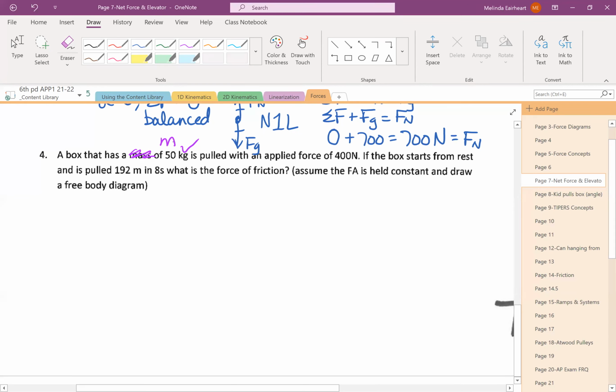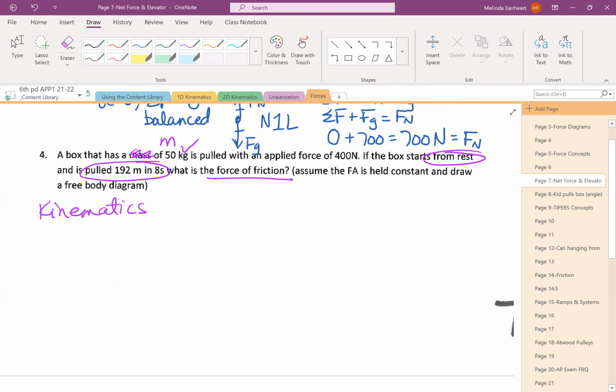Meters per second, meters, second, kinematics, right? And so we're going to have to do kinematics at some point. What is the force of friction? So we'll also have to do forces, okay? And so maybe you don't realize kinematics yet. So I'm just going to pretend we didn't do that. They do tell us, assume FA is constant.